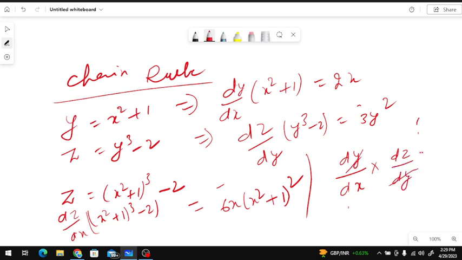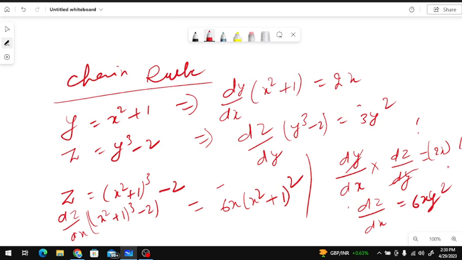The dy cancels. Here 2x is multiplied with 3y squared, and it becomes dz by dx equals 6x times y squared. I think it's clear. Now we see we got the same derivative function here.